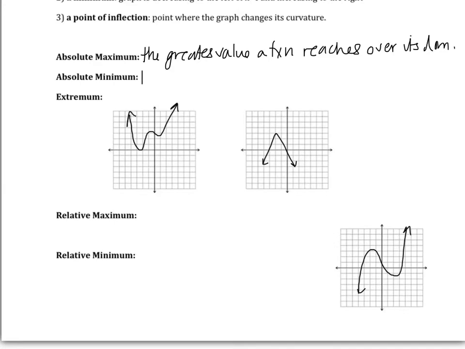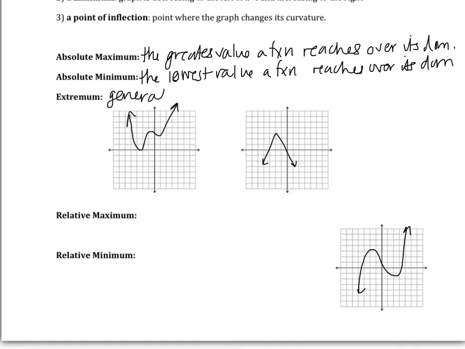An absolute minimum is the lowest value a function reaches over its domain. And finally, extrema is just a general term for maxes and mins. You'll often hear maxes and mins referred to as extrema.